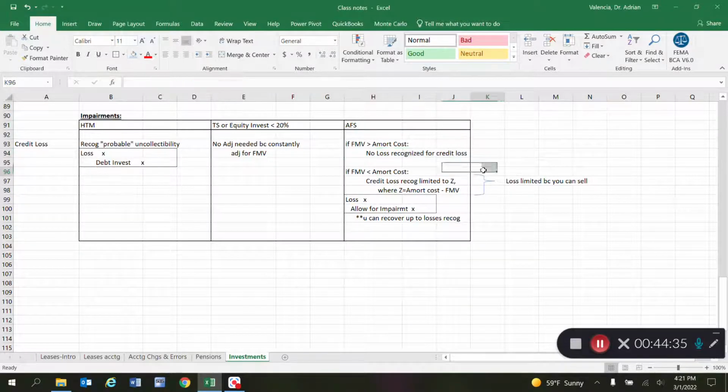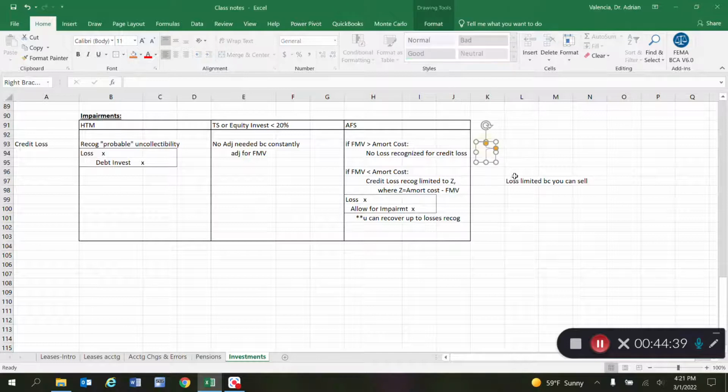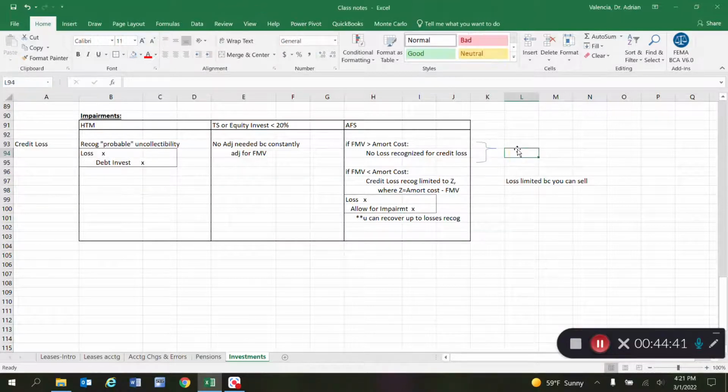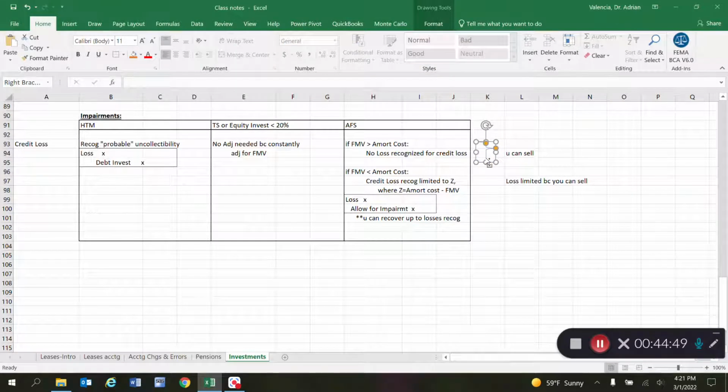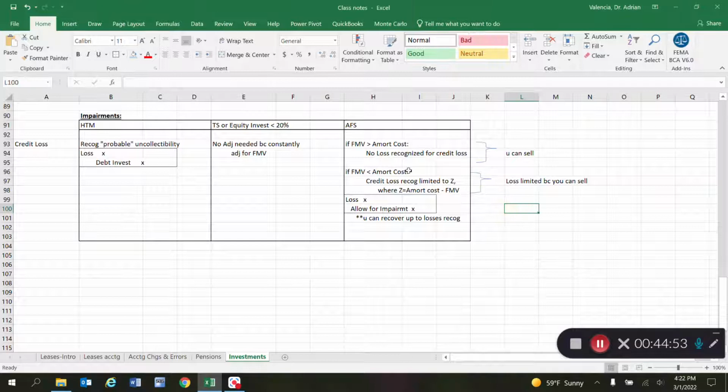And the idea here is, you can sell this stuff. You can sell that debt investment. So why recognize the loss when you have the opportunity to sell it at a greater value? In other words, you're not exposed as much as you are under the held to maturity accounting environment.